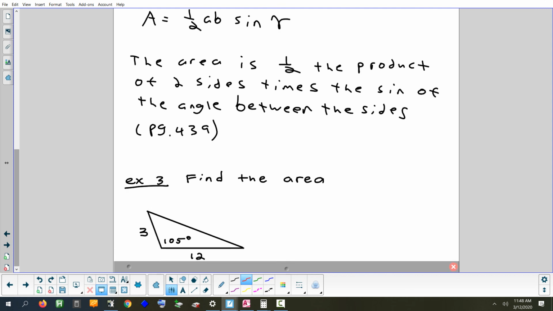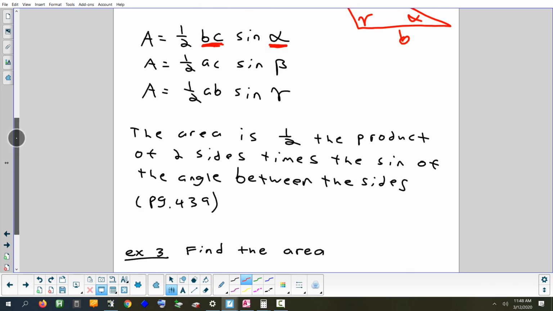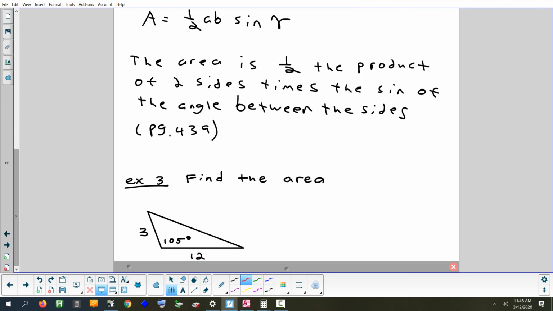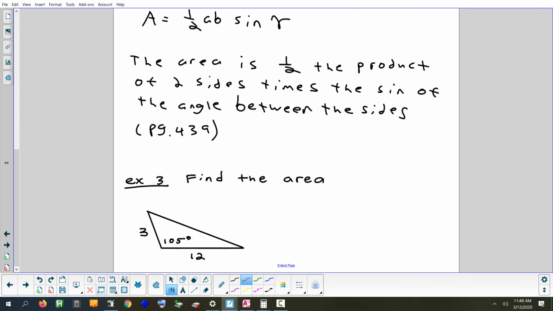So here's a triangle, and I want to find the area. Now, you can't really say which version of the formula you're going to use here. Is it the BC, the AC, or the AB version? Who knows? Because none of the sides are labeled with letters. So don't worry about the fact that you don't have any letters. Just plug those numbers into that concept, and that will tell you the answer.